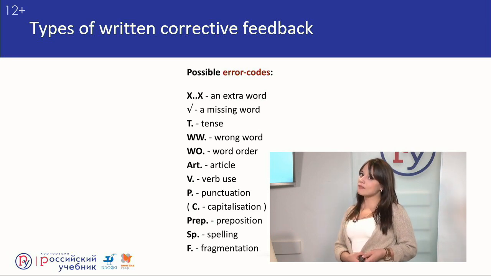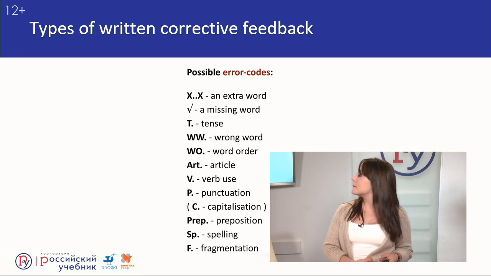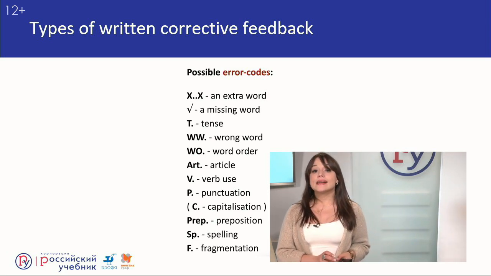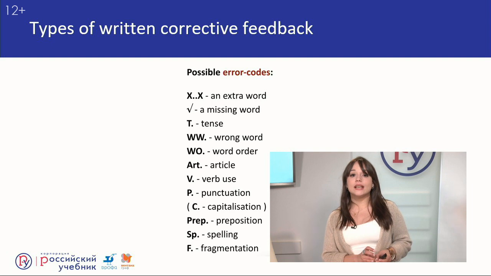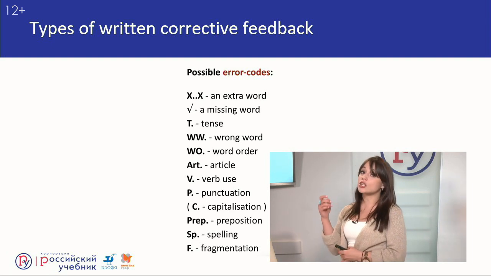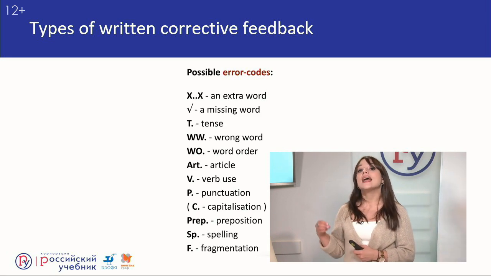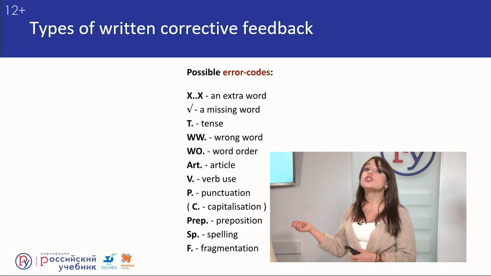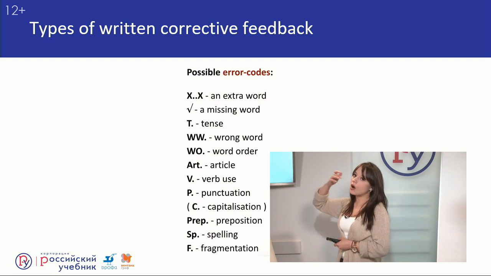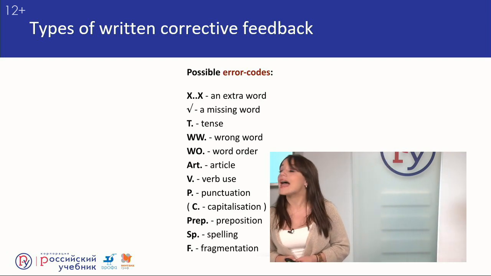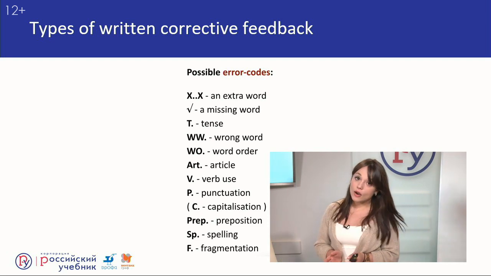Now C stands for capitalization. Technically, capitalization is considered to be a punctuation mistake, so some teachers mark it as P, or again you can be a bit more specific and mark it as C, right?